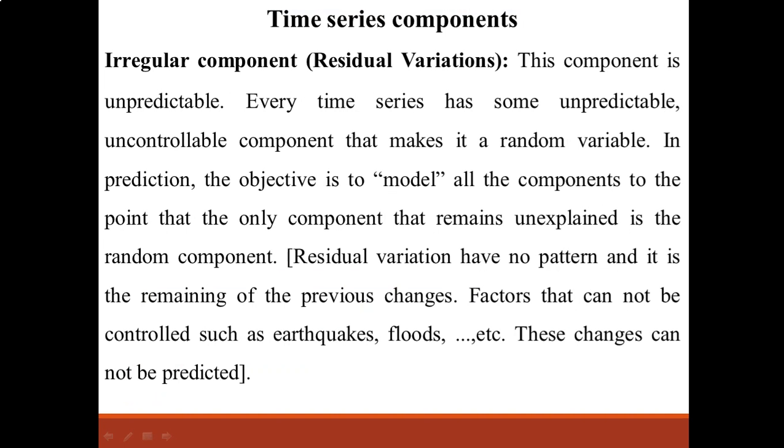Residual variation has no pattern, and it is the remainder of the previous changes. Factors that can't be controlled, such as earthquakes, floods, and, as I said in my lecture, COVID-19. These changes can't be predicted.